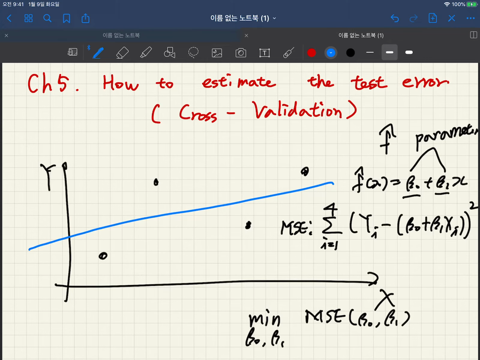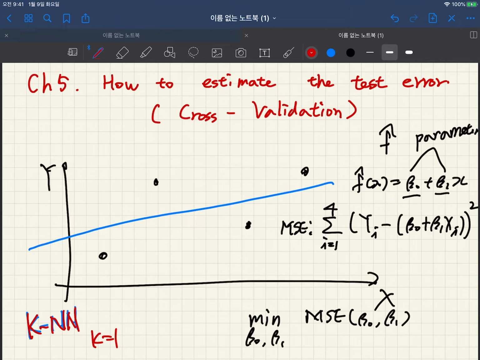Non-parametric learning, there is no parameter. One popular example is k nearest neighbor. KNN is one popular idea for non-parametric learning. For instance, k equal to 1, we only consider the nearest neighbor.